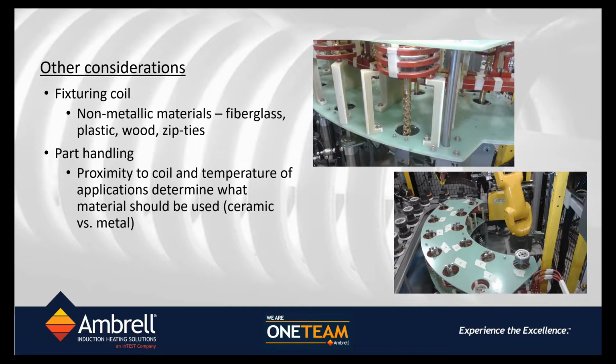An induction system allows one to have this kind of complexity in the heating process. Imagine if you had to do the same type of process with a flame or a furnace. There'd be so much wasted heat around that it would be impractical to use some of the materials that we are using to hold the part, and just all the electronics that's near here.